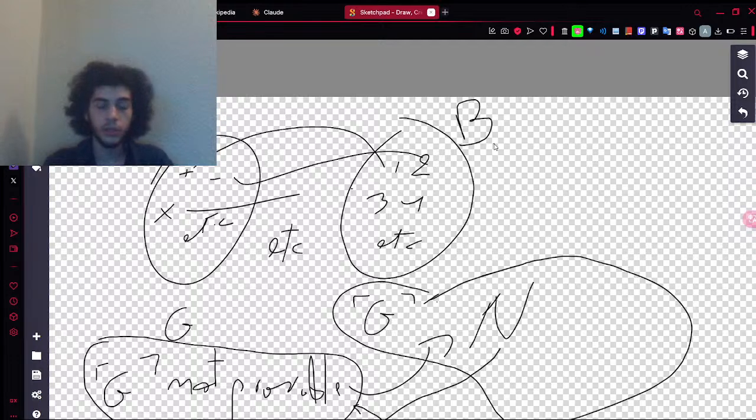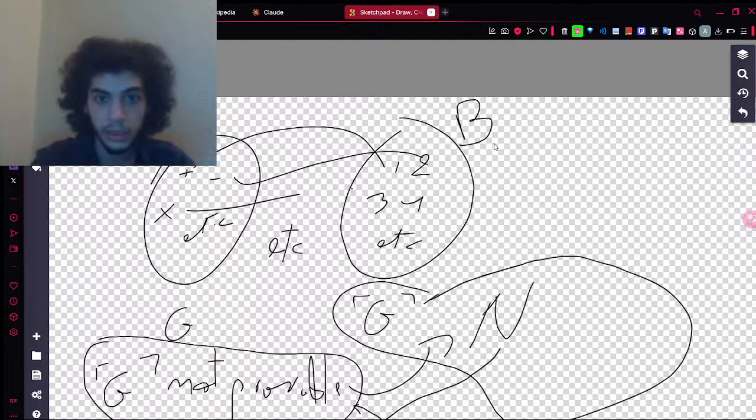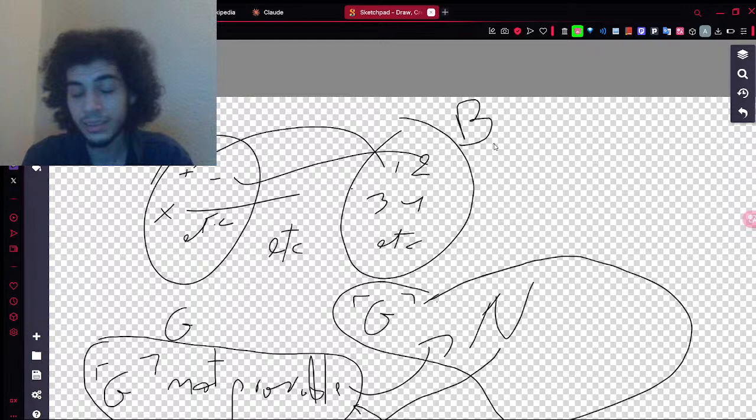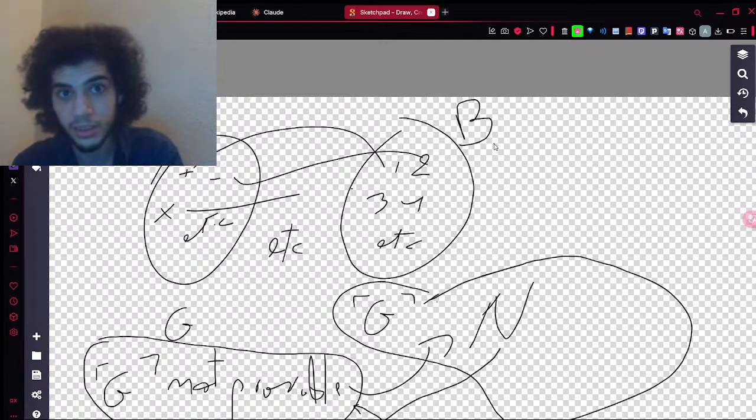So G is saying that the G in the other form of the system is not provable. If G says that G in the other form of the system is not provable, then that means that G in the other form of the system says the same thing.